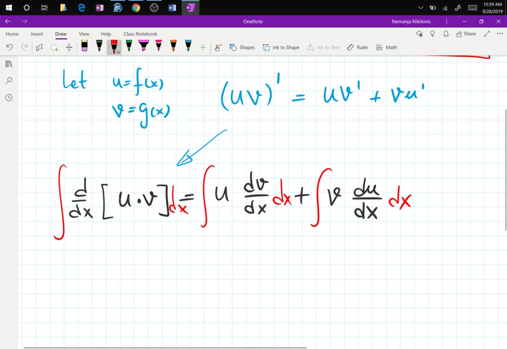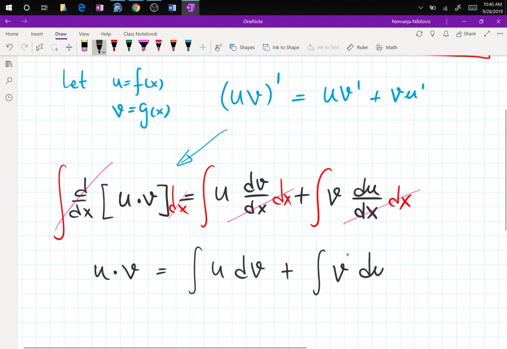And now the integrals are going to cancel on the left hand side, leaving me just with u times v, and on the right hand side the dx's cancel, leaving us with the integral of u dv plus the integral of v du.